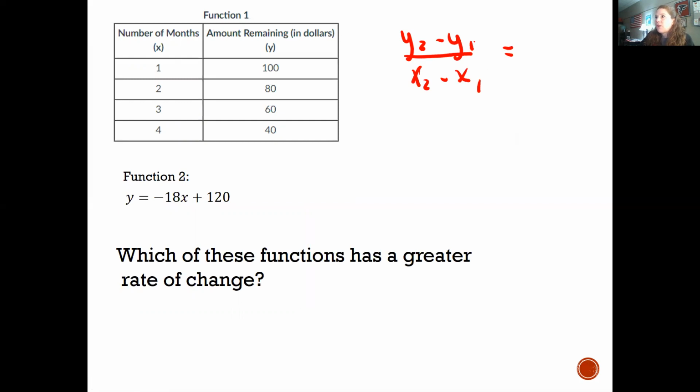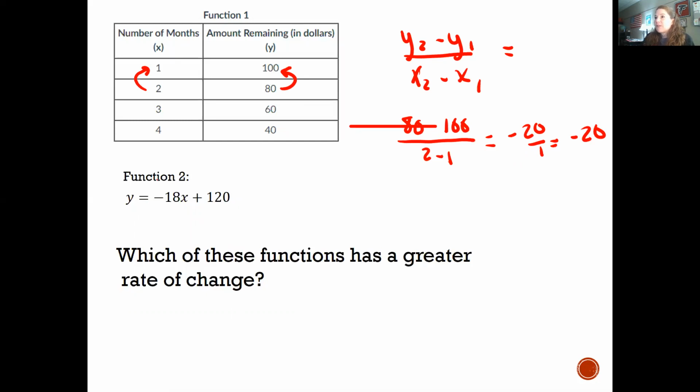So if we do y2 minus y1, we're going to go 80 minus 100, and x2 minus x1 would be 2 minus 1. So 80 minus 100 is -20 over 1 is -20. So the rate of change for the first one is -20.